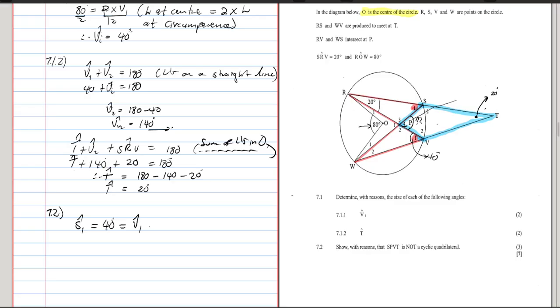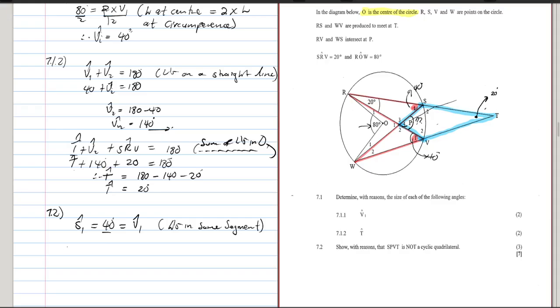The S1 is equal to the V1, they are both equal to 40 degrees. Why? These are angles in the same segment. So here we get 40 degrees.